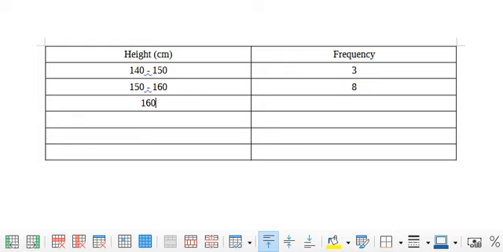160 to 170, there are 11 candidates, and then between 170 to 180, there are 2 candidates.